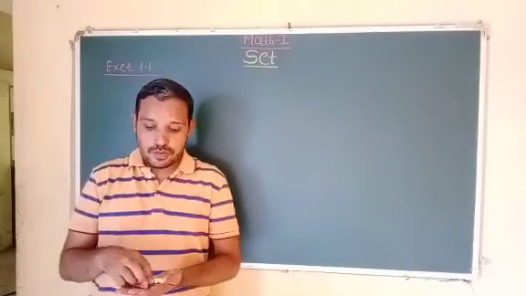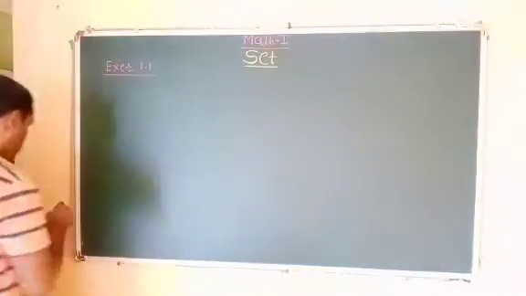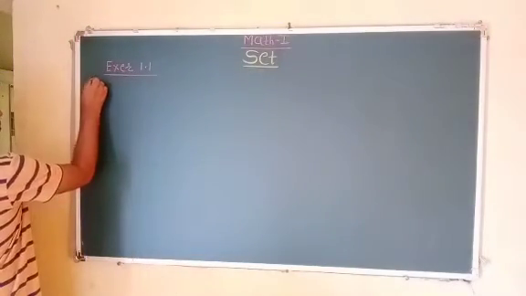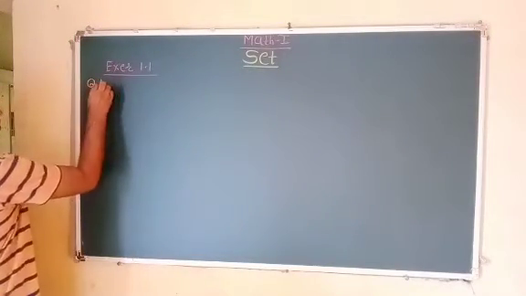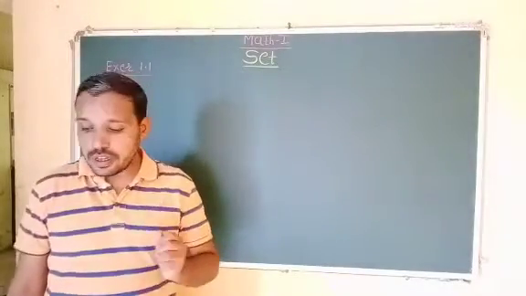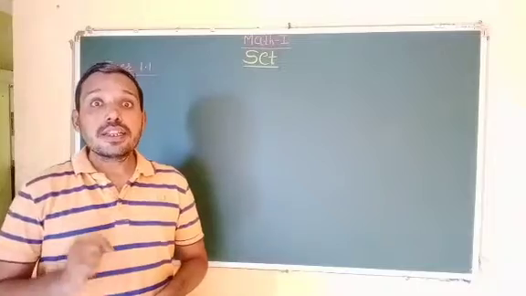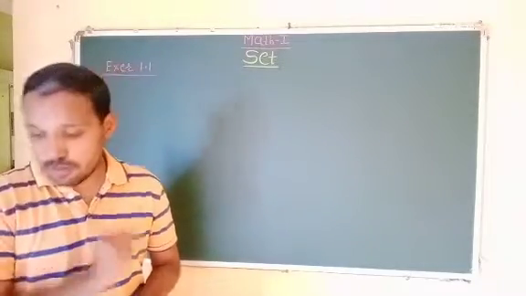Exercise 1.1. In that exercise 1.1, the first question is: write down the following sets in their roster form.